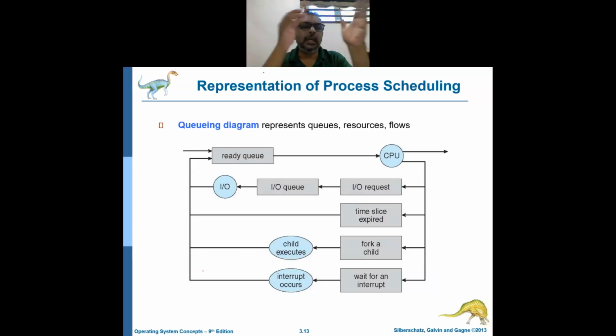Once you start printing, that print process is called a child execute because it's executing by itself. It's nothing to do with me. Only when there is a problem inside the printer, like the ink runs out or the printer jams, only then does it come back to the actual process. But since it can handle itself, it's what we call a child execute.